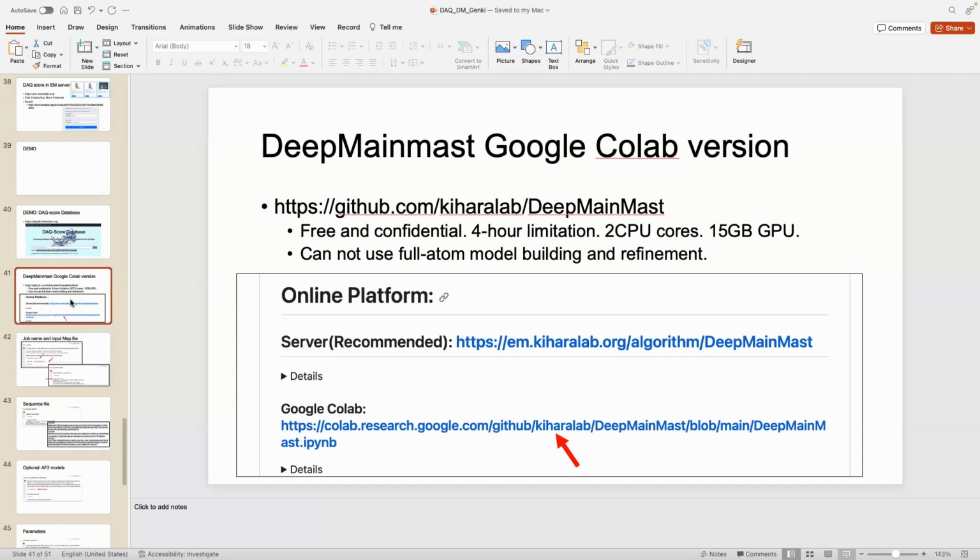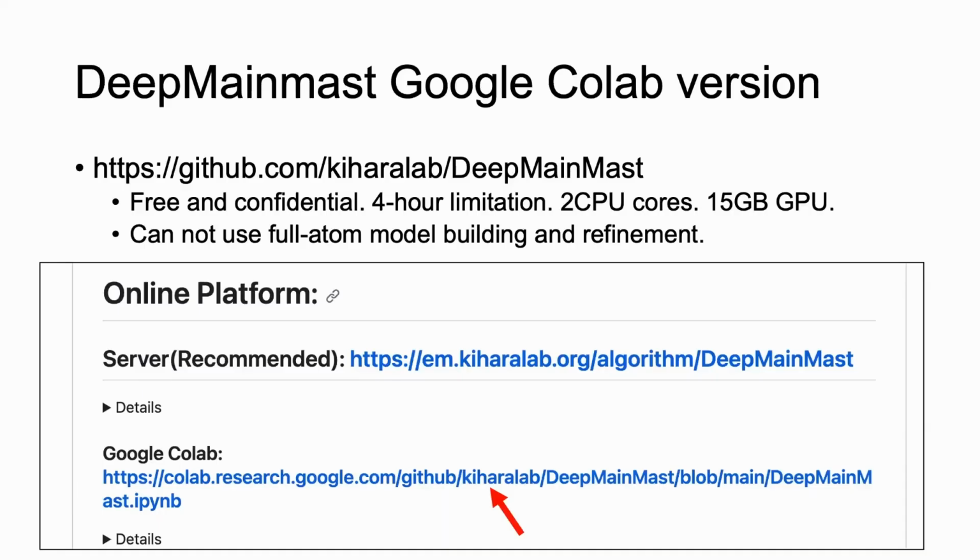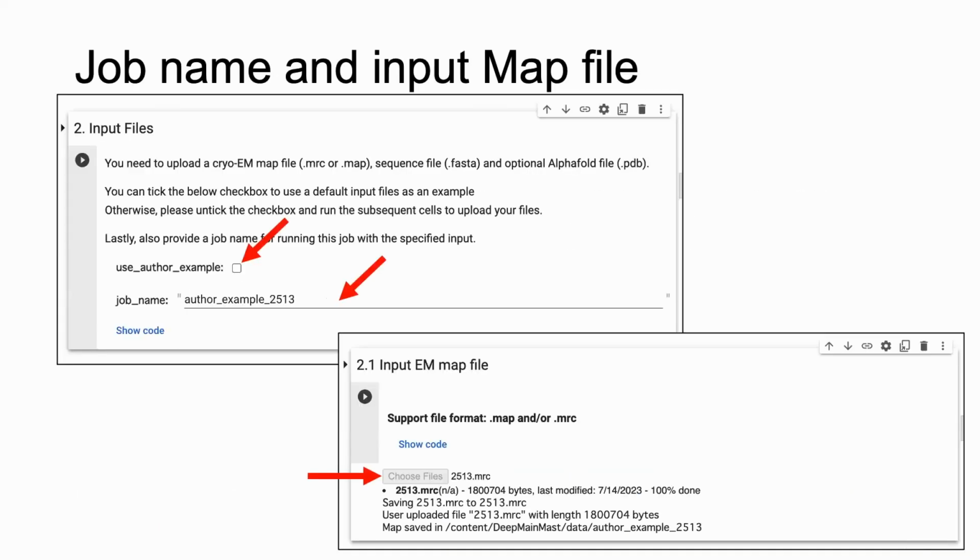It's basically almost the same as the DAQ score. On the page, the user can specify the job name. If you don't want to use the examples, please do not check this checkbox. The default is not checked.